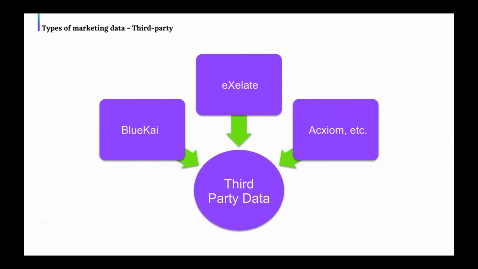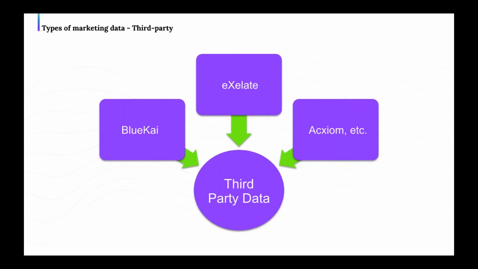And then last, we have third-party data, and this is data that you can typically get from an ad network, exchange, whatever it might be. It's not data that you own, but it's data that you get from other companies to help influence your campaigns, whether you're buying that from them or accessing it yourself.